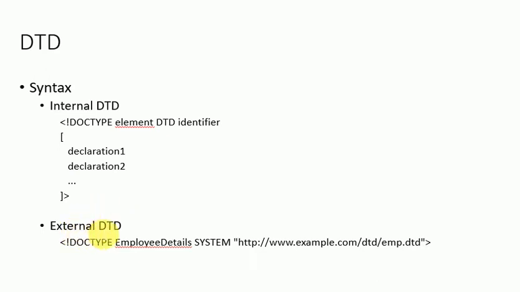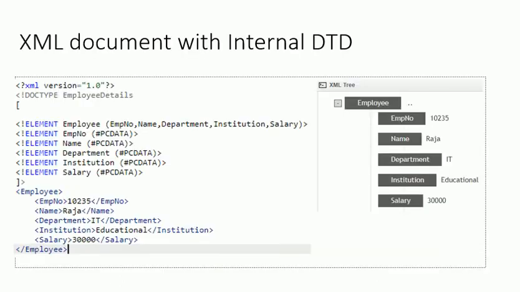And for an external DTD, we specify the external DTD file. All DTD files have the extension .dtd and XML files have the extension .xml. Here is an example of an XML document that uses internal DTD.